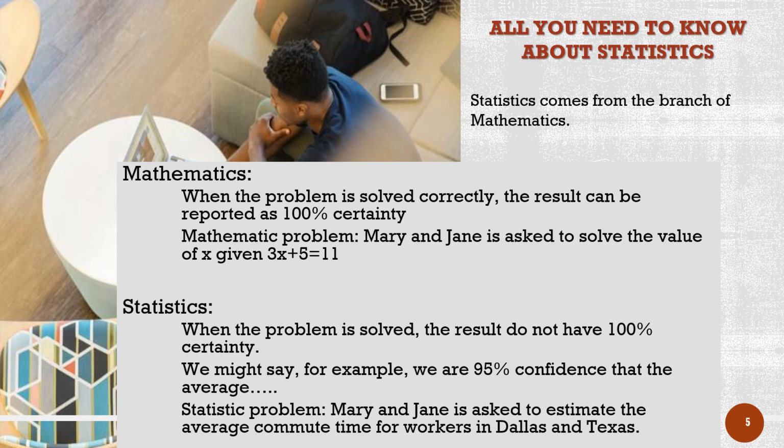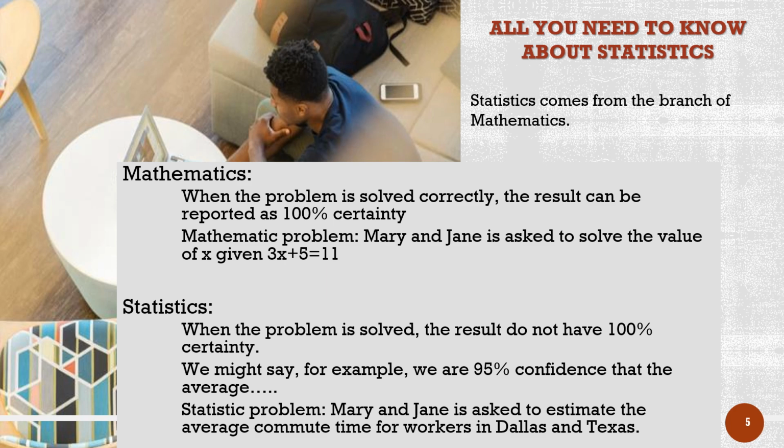Statistics also comes from the branch of mathematics. However, there are differences between mathematics and statistics. In mathematics, when the problem is solved correctly, the results can be reported with 100% certainty. So this is an example of a mathematics problem.